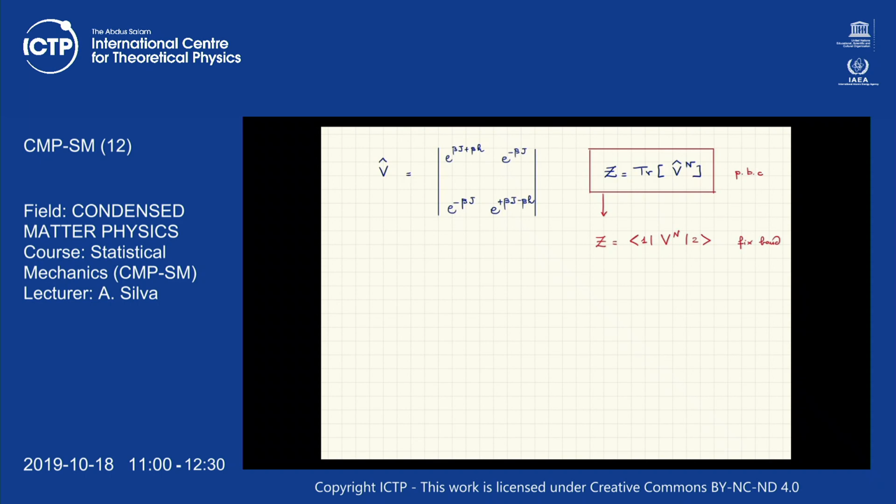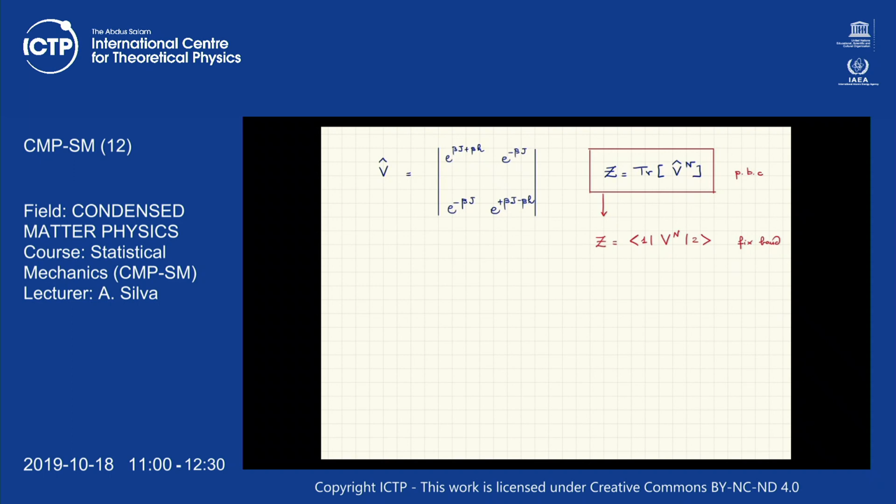Okay? So this would be the generalization, but we are going to deal with periodic boundary conditions because in any case it should not matter unless you are interested in finite size systems, right?